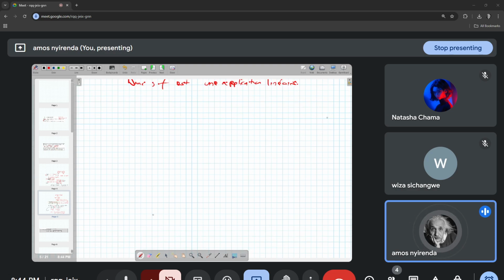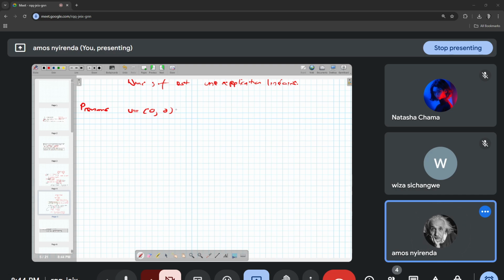Let's take, for the third problem, the vector u equal to the zero vector.